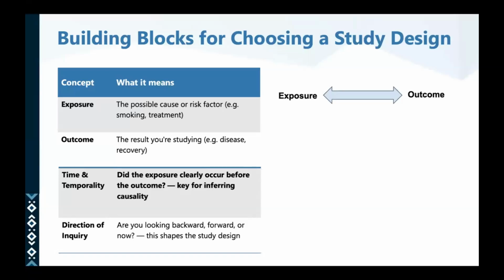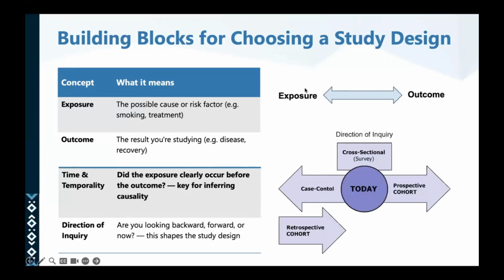If you start from the outcome and you are looking back to the exposure, which is the direction of inquiry, then you can have something like a case control study. So the direction of inquiry is really critical. And this figure here summarizes it very well. So let's say you're standing here today and you are assessing your exposures and you're looking forward. You have a prospective cohort study.